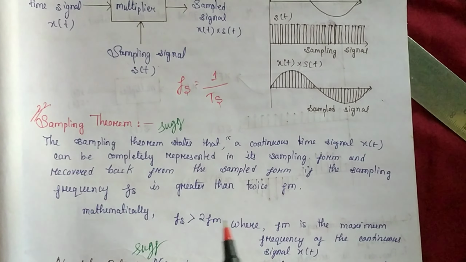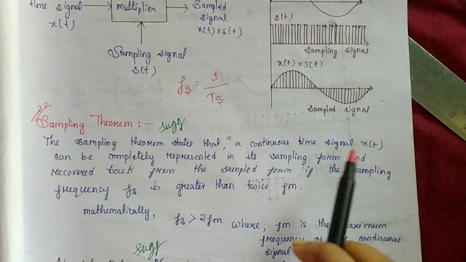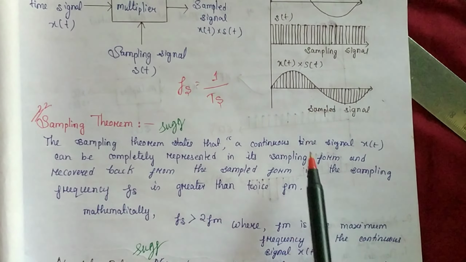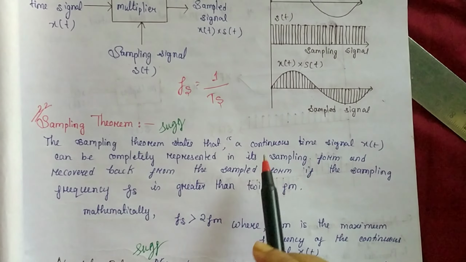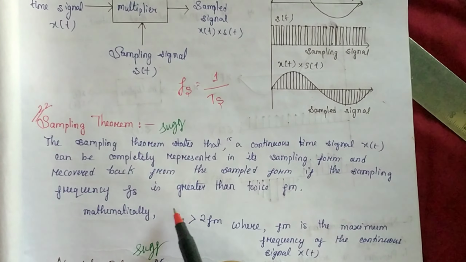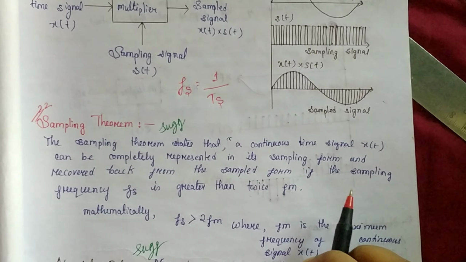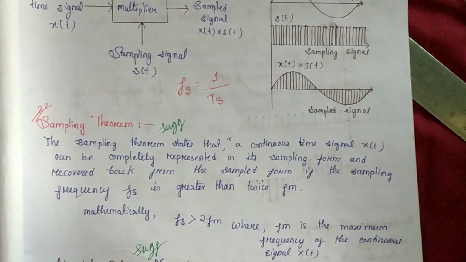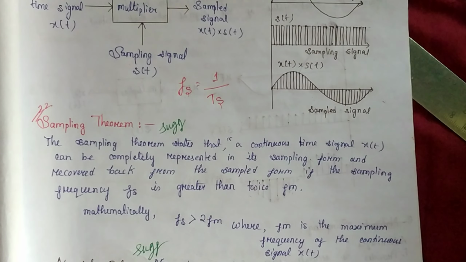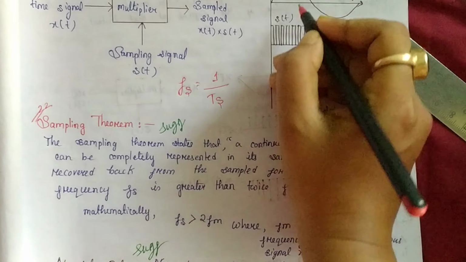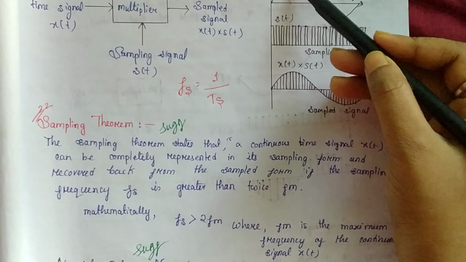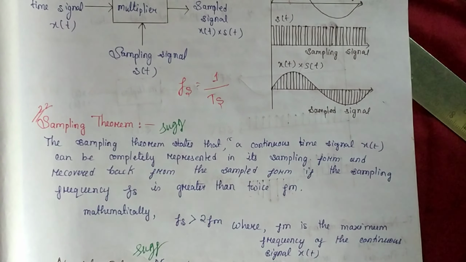The sampling theorem states that a continuous time signal x(t) can be completely represented in its sampled form, which looks like this, and recovered back from the samples, from this to this, if the sampling frequency fs is greater than twice fm, or the modulating frequency, which is mathematically given by fs > 2fm, where fm is the maximum frequency of the continuous signal.